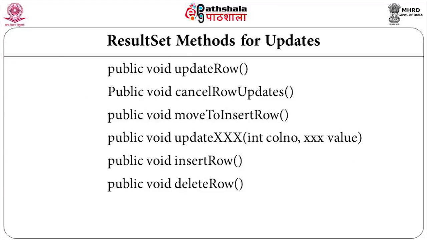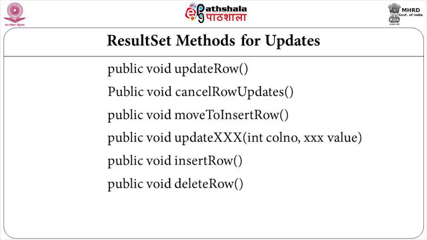Now let's see, if a result set is updatable, how do we make updates in it? What types of updates can we make? We might be interested in insertion, or in updating a row, or in deletion. If we are interested in deleting a row, that's the simplest thing.